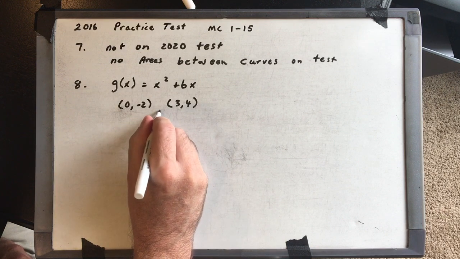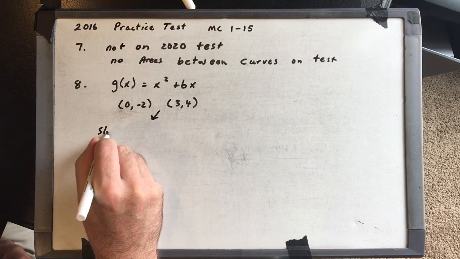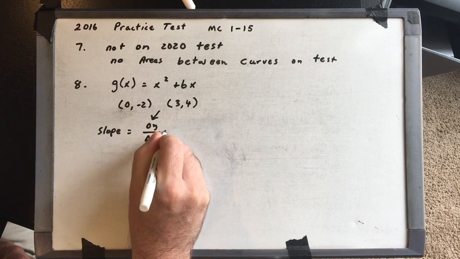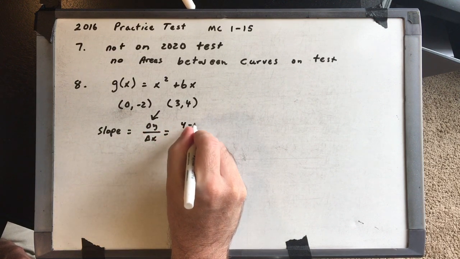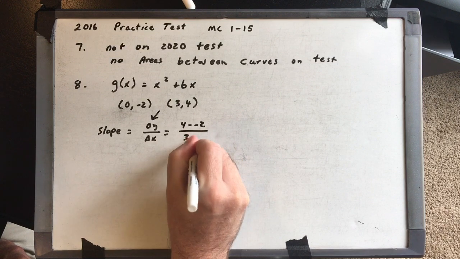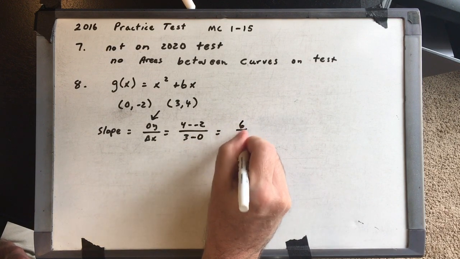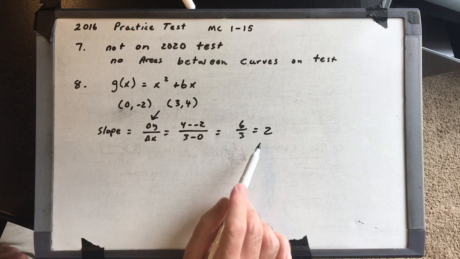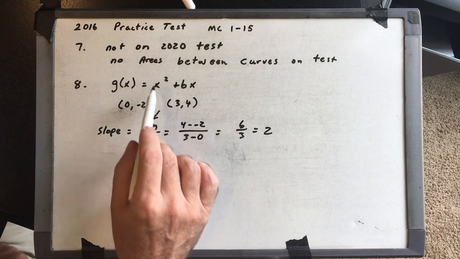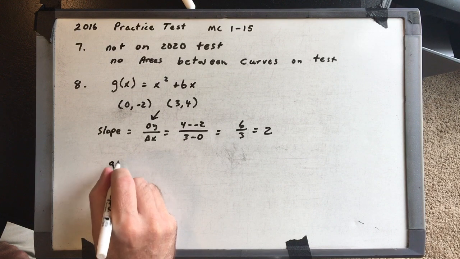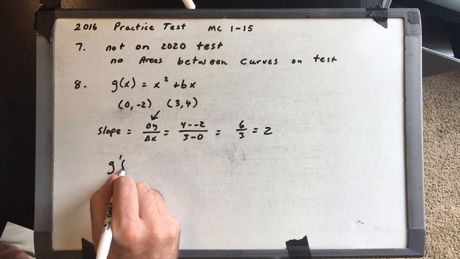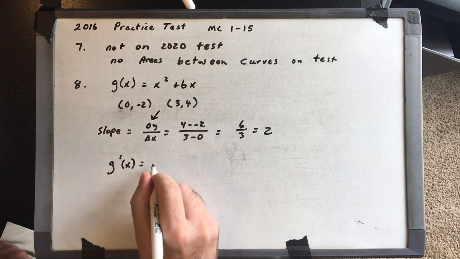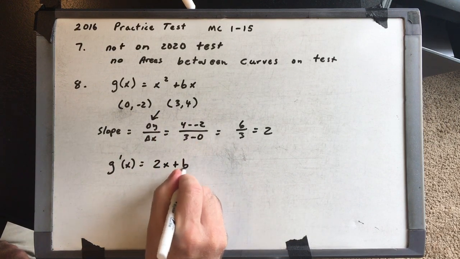So this slope is going to be the change in y over the change in x. 4 minus -2 over 3 minus 0, so that's 6 over 3, which is 2. So that's going to be the slope of the tangent line. We know that g prime of x will give us the slope of the tangent line. That's 2x plus b.